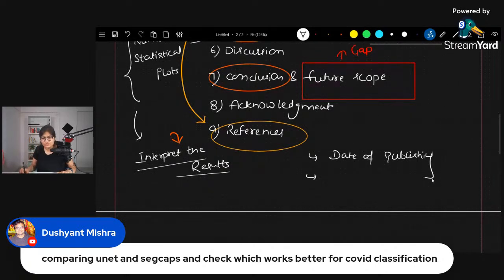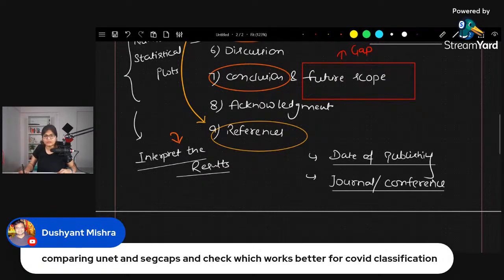Apart from this, you need to see which journal or conference the research paper was published in. Try to pick journals or conferences which are well reputed. For example, IEEE is a very good one where many research papers get published, so the chances are very high that the published work is authentic.